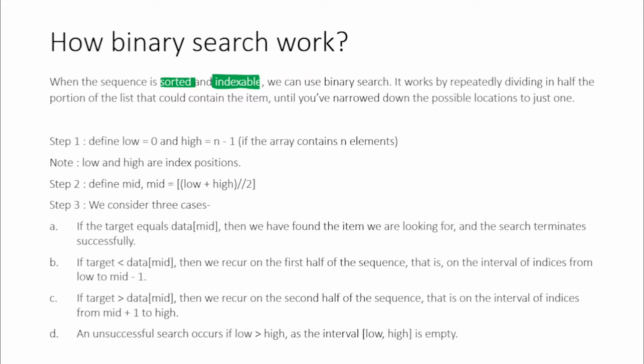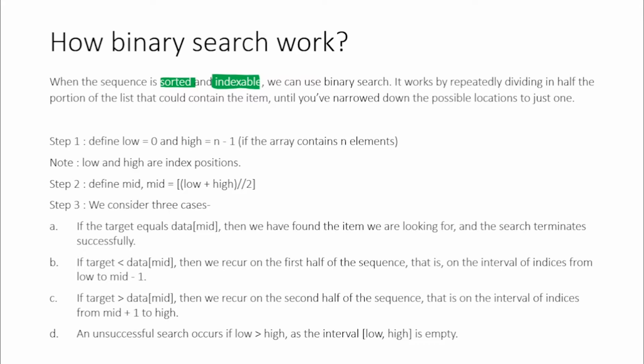If the target is greater than the data value present in the mid index position, then we recur on the second half of the sequence, that is on the interval of indices from mid plus 1 to high. An unsuccessful search occurs if low is greater than high, as the interval low to high is empty.